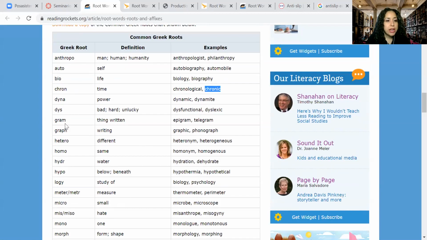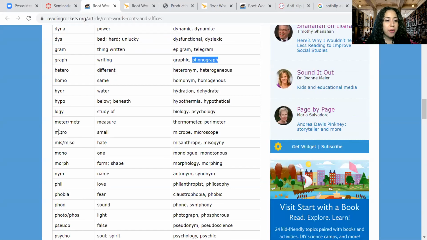Gram, something that is written, like epigram, telegram. Graph, that's something that you're writing or posting, a graphic, phonograph, etc. Micro, you already know that micro means small, like microbe, microscope, microwave oven.